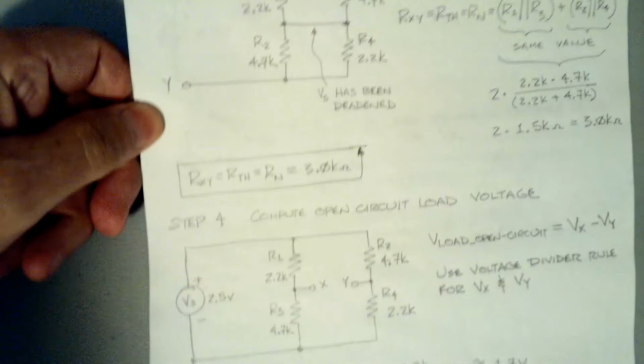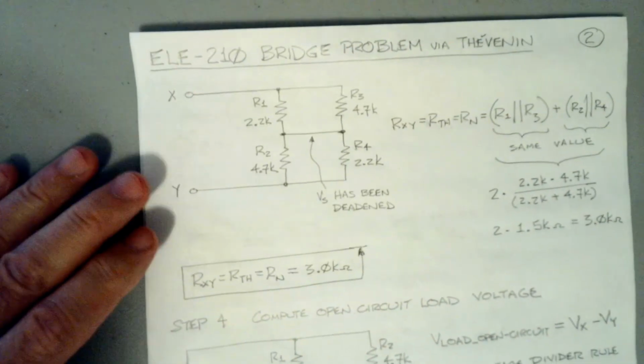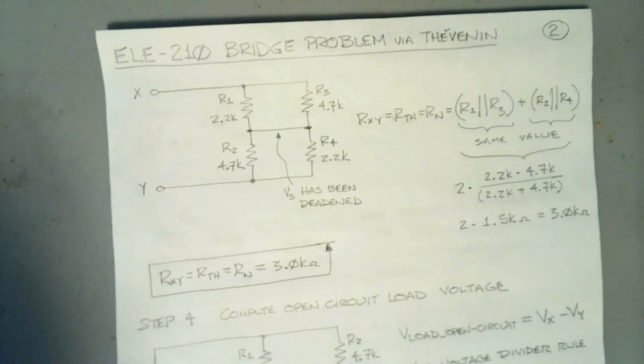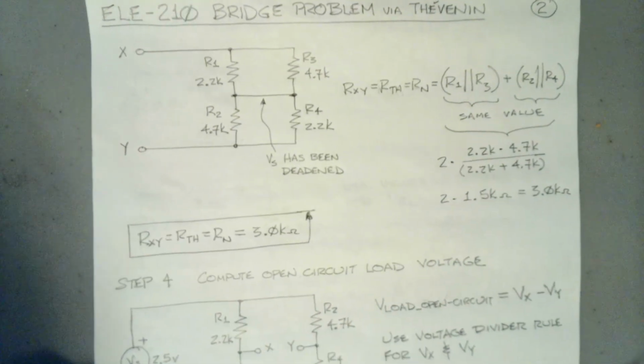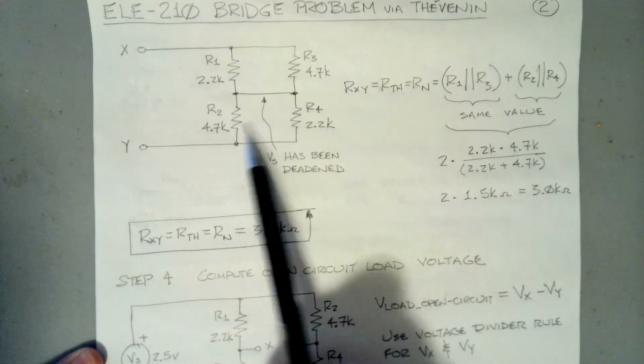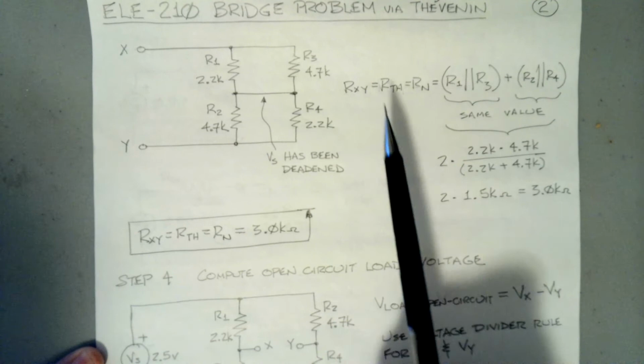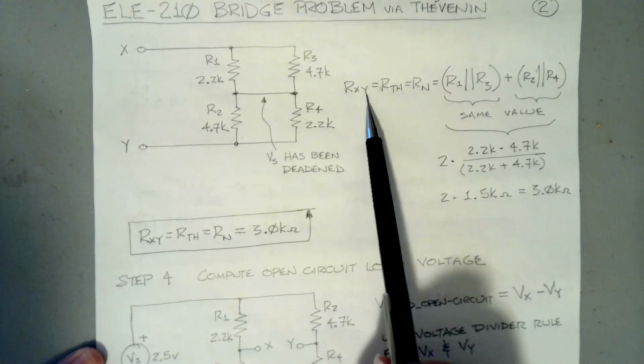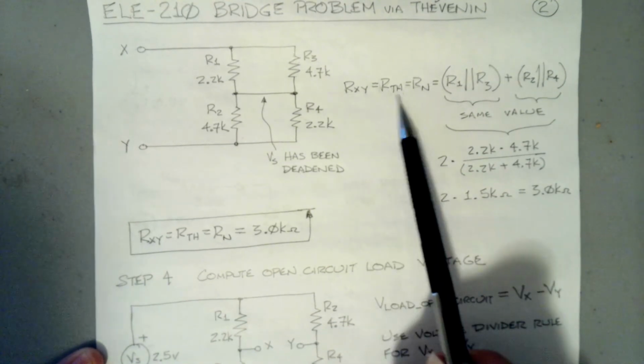If we look at this circuit now, we have these two resistors in parallel and these two resistors in parallel. So the resistance from point X to point Y is going to be our Thevenin resistance.